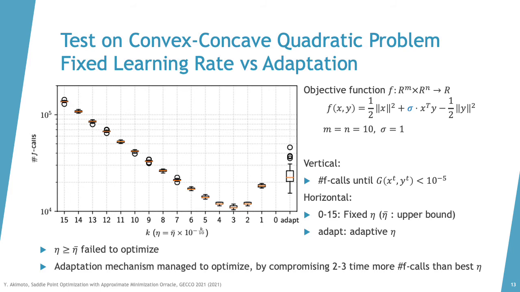On the other hand, if we set the learning rate smaller and smaller, then more runtime is required to reach the target threshold. The adaptation mechanism managed to optimize this problem by compromising 2 to 3 times more function calls than the best fixed learning rate situation, which is around k equals 3 or 2.